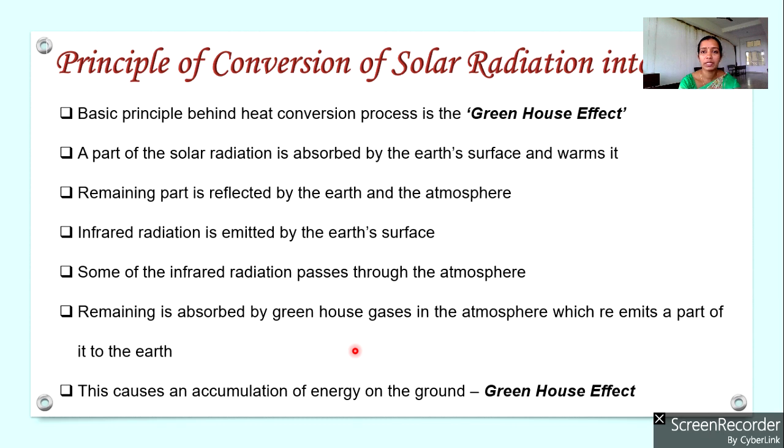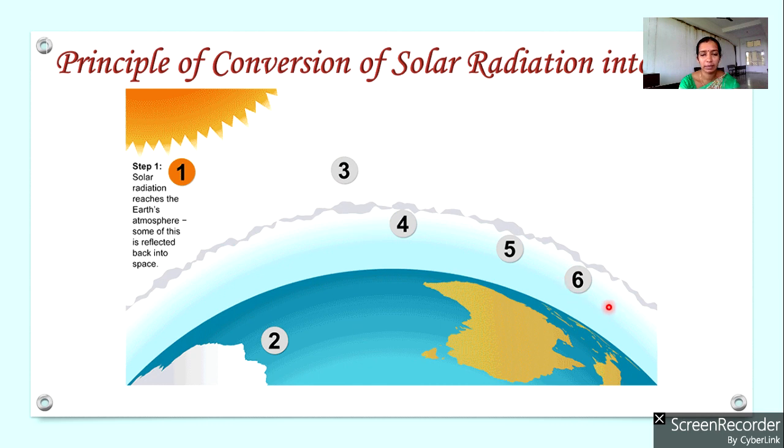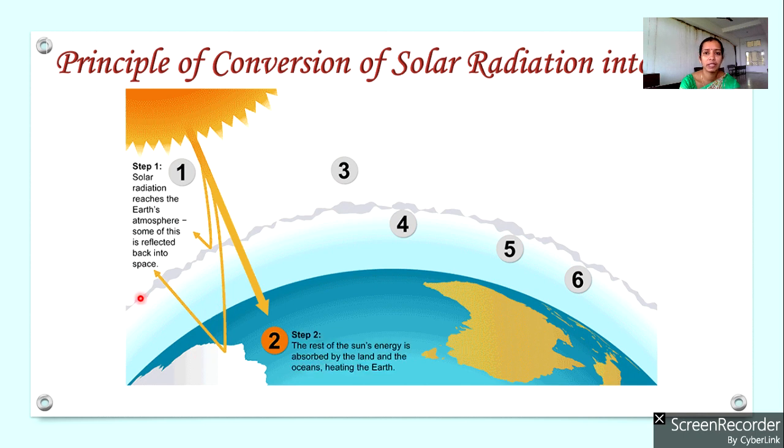This entire process can be pictorially represented like this. It can be divided into 6 steps. In the initial step, the radiation from the sun falls onto the earth's surface. A part of this radiation is reflected from the earth's surface, and the remaining is absorbed by the land and the ocean. Thus the earth gets heated, and as a result it radiates some of the energy.